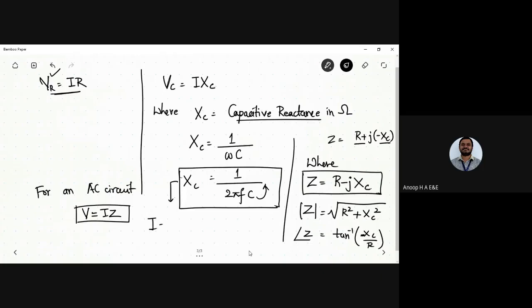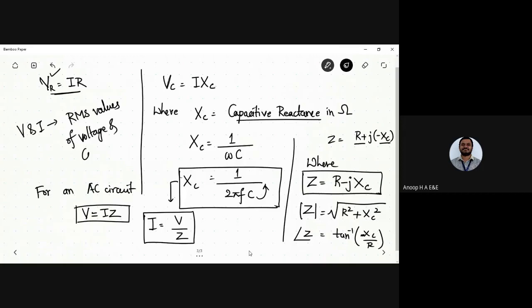So I is given by V divided by Z. I will be the RMS value of the current, and V and I are the RMS values of the voltage and current.